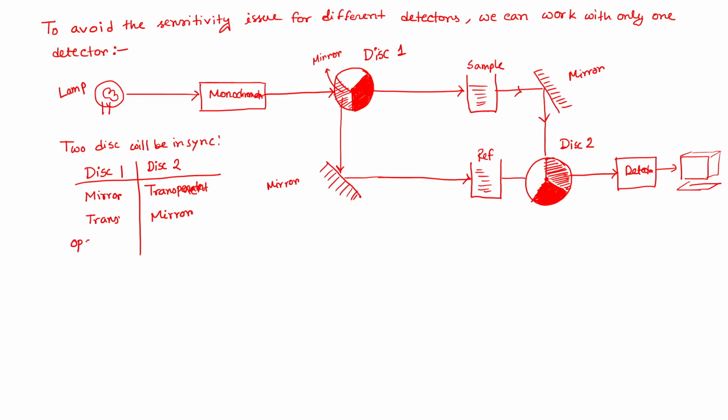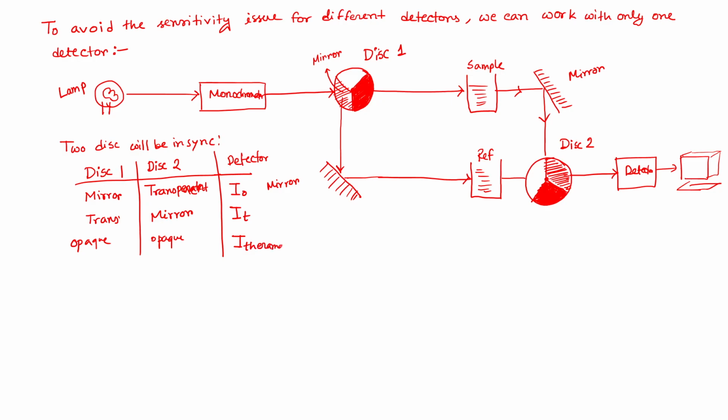I'll tell you what the function is. Here, in the first case the detector will get I0, in the second case the detector will get IT, and in the third case it will detect I thermal.